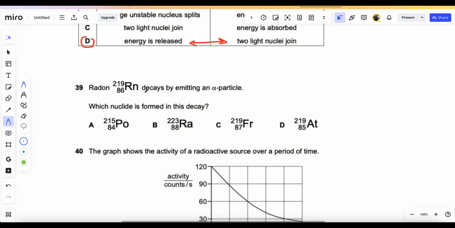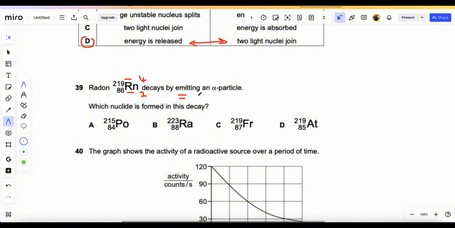Question 39. Radon-219, 86, decays by emitting an alpha particle. If you emit an alpha particle, you go to minus 4 from here, and you go to minus 2 from here to form the next thing. So this one will be 86 minus 2, you get 84.